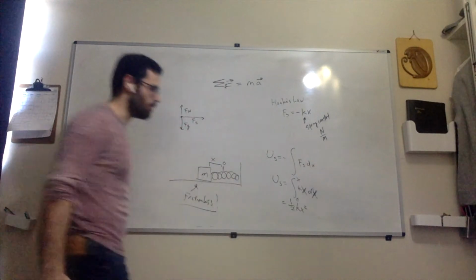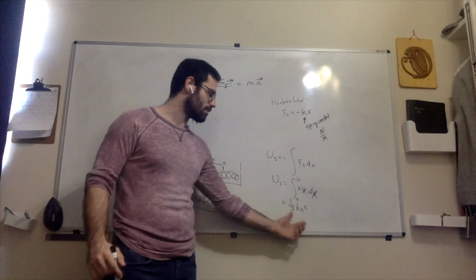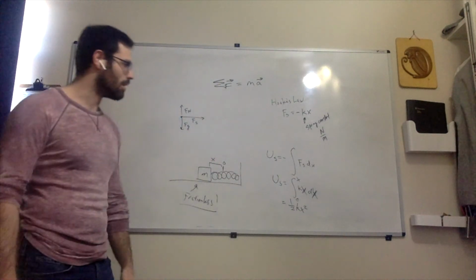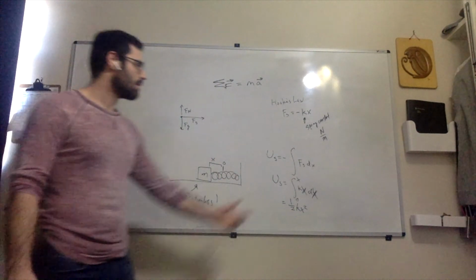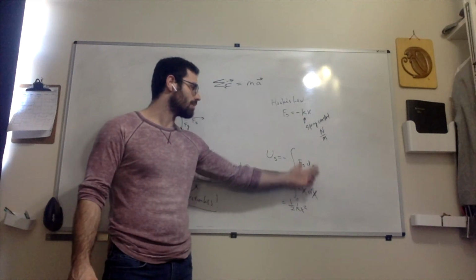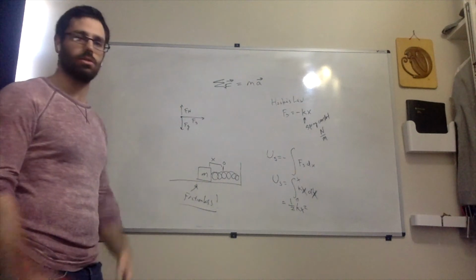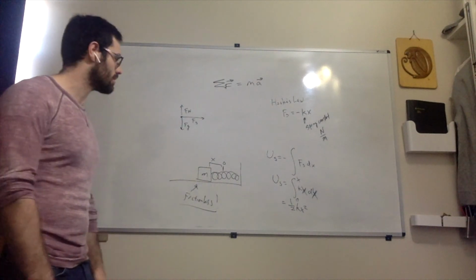And so what we get in the end is an expression for the potential energy stored in the spring based on the change in position of the spring and the force it exerts across that distance.